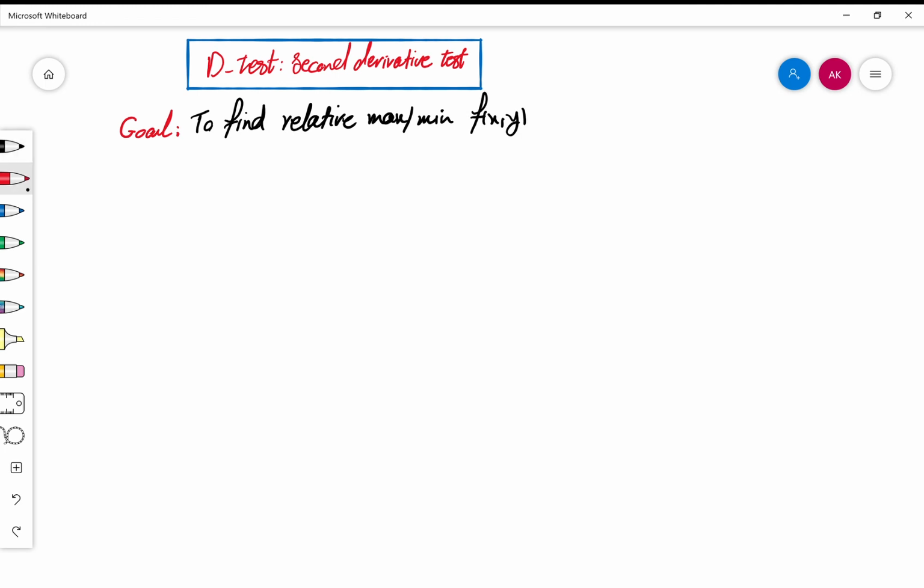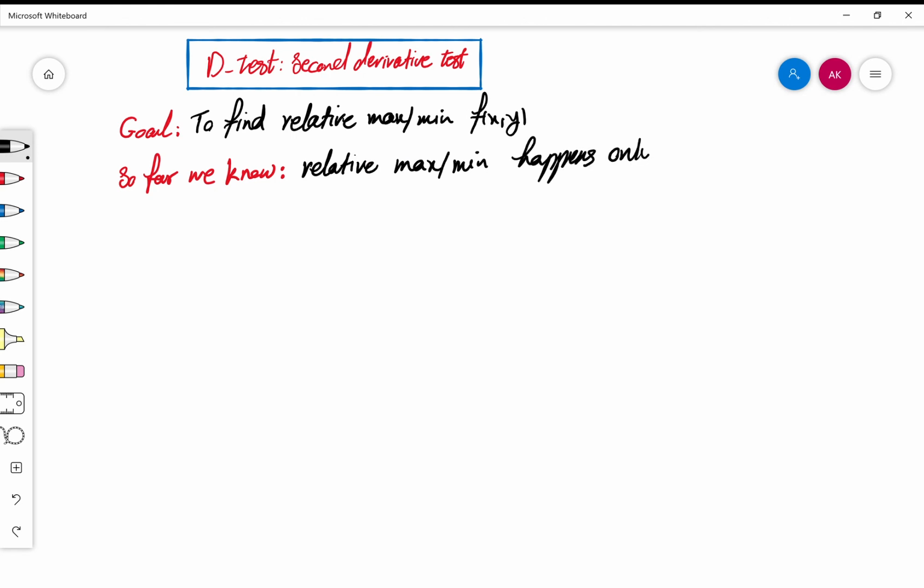What do we know so far? Well, we know that relative max or min happens only on critical points.